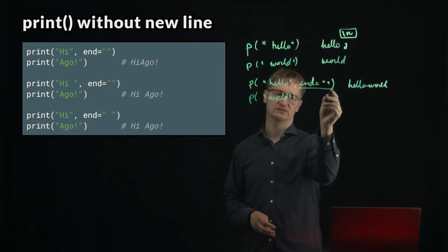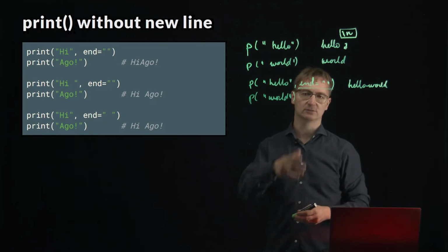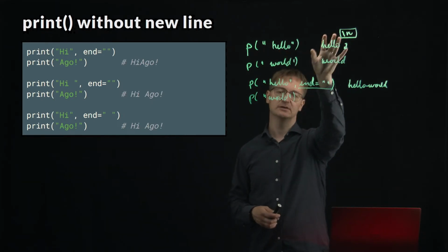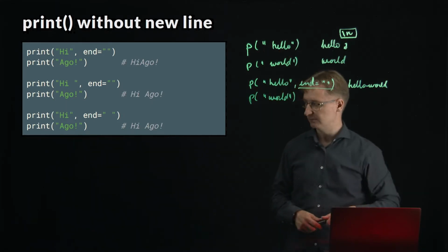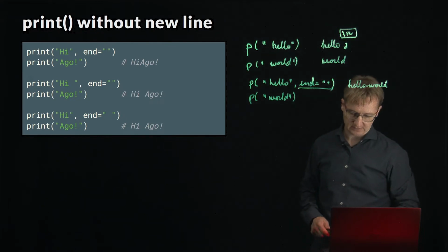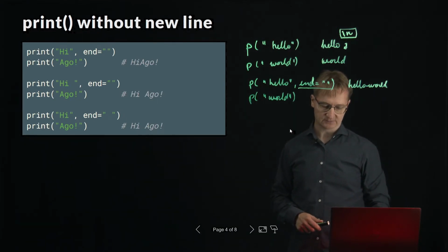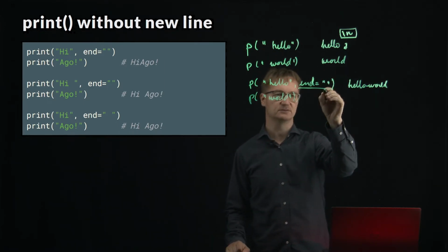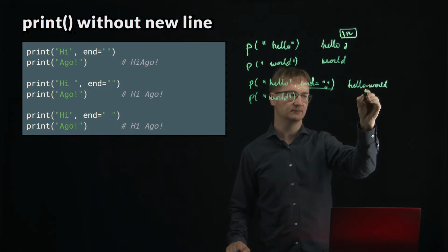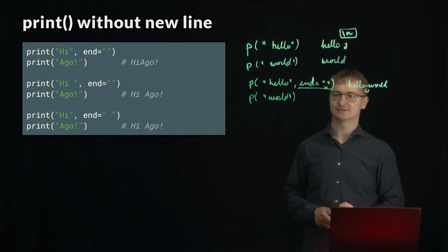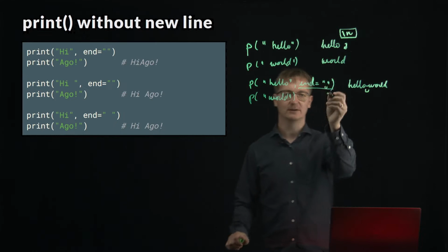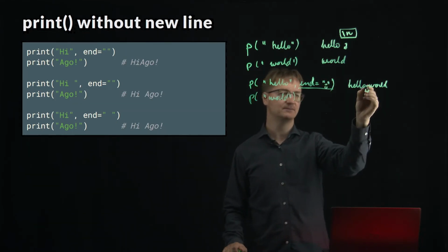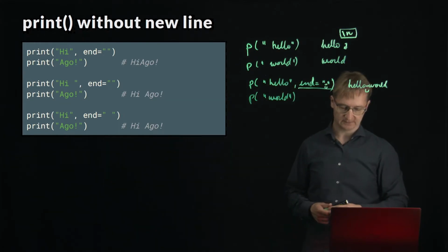Usually you don't use this. Rarely do you want to use something else here. Usually you just print out the text and you want to get the next one on a new line. Here are other examples where I use, for example, space as the end symbol. If I add a space here, I would have a space here also. So that's one way to do it. Or for example, if I want some other symbol here, then it will be used here.